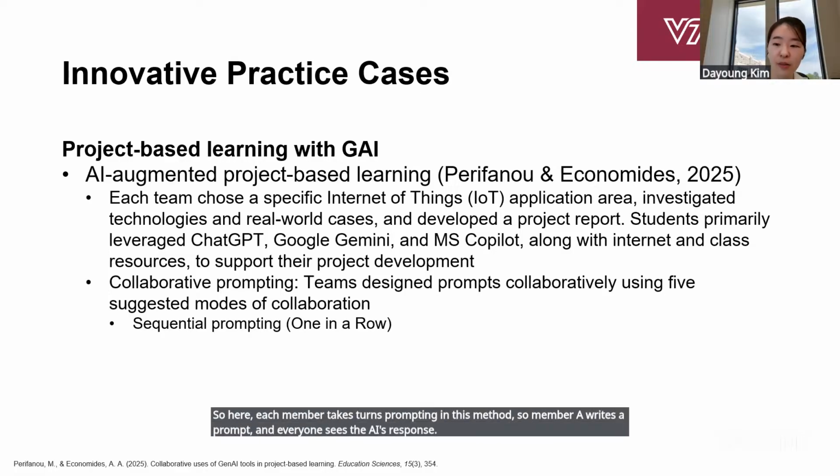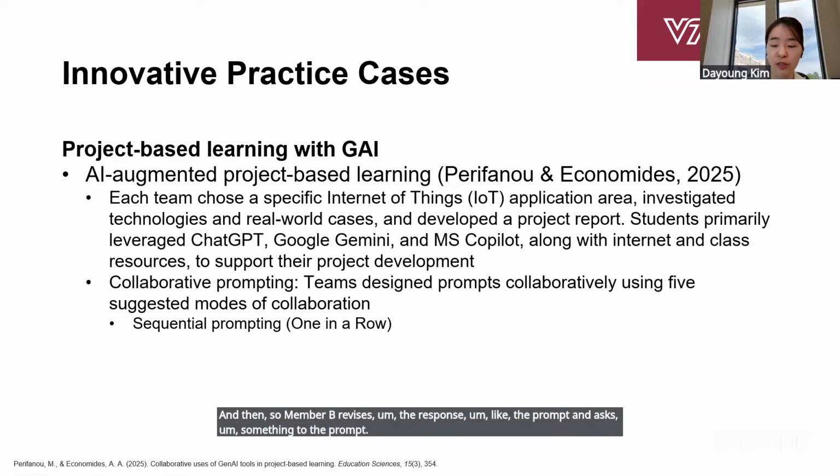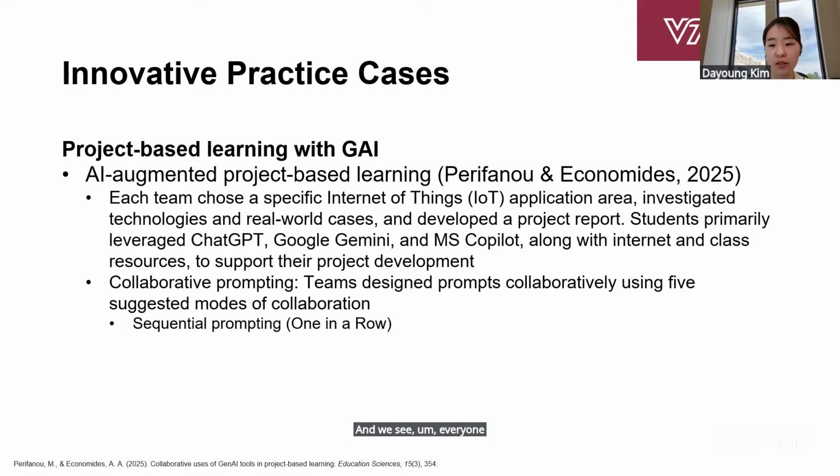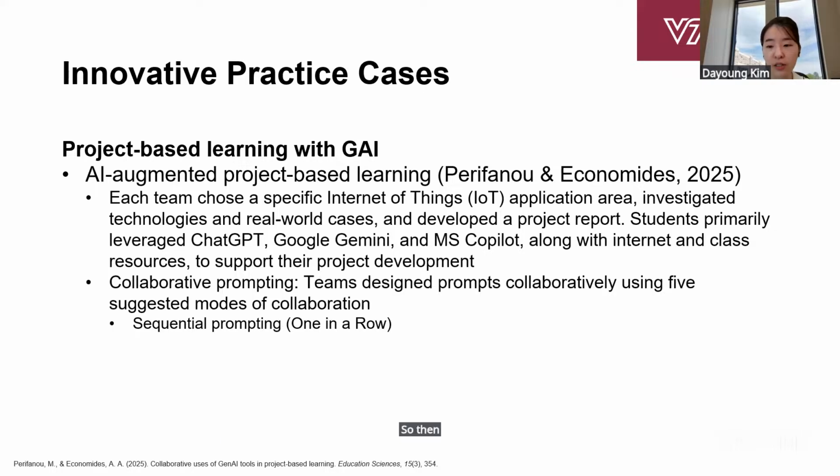Then member B revises the prompt and adds something to it, everyone sees the new response, and then member C gives their own version and gets a new response again and again. Finally, the team discusses and decides on the result. The goal here is building ideas step by step, with each member improving on the last.